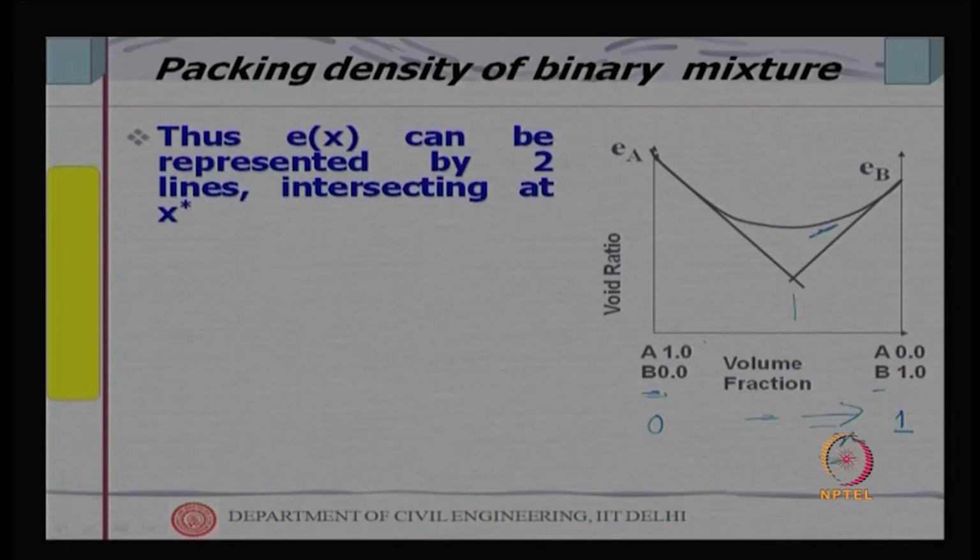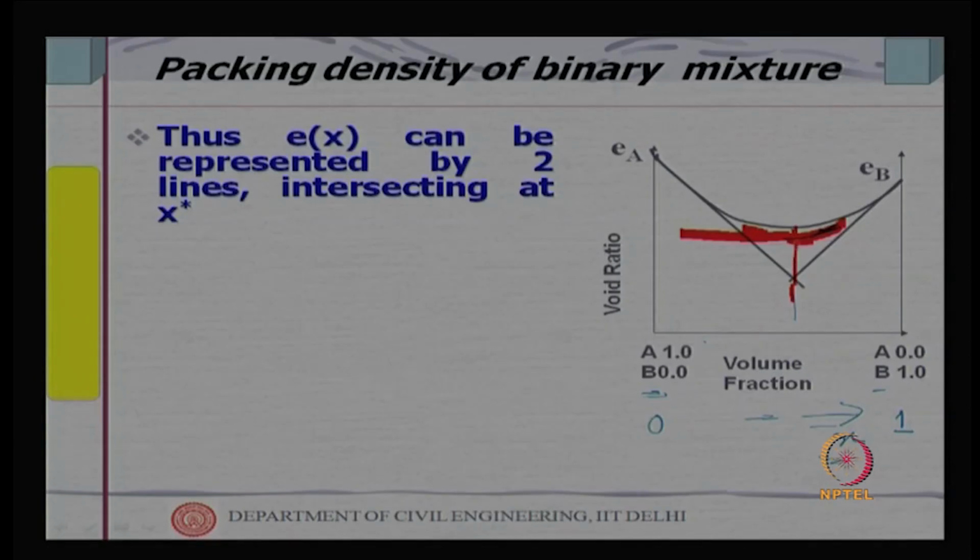Because of this behavior, where packing gets disturbed, we call it particle interference. When you put in another particle, it will interfere with the original system, and thus the curve never remains a straight line, rather it becomes curvilinear, and the void ratio is much higher than what you would have got in the ideal case.